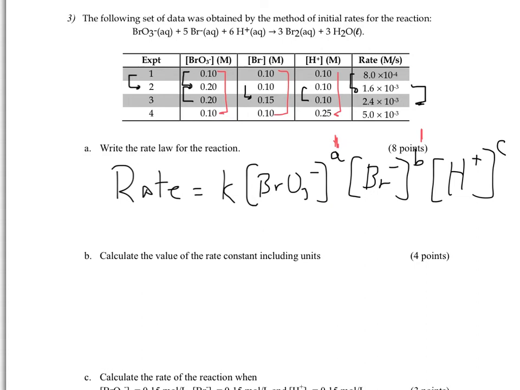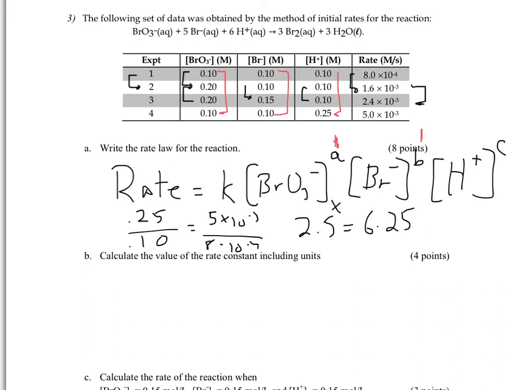And so we can get an equation where 0.25 over 0.1 is equal to 5 times 10 to the minus 3 over 8 times 10 to the minus 4. And we get 2.5 to the x is equal to 6.25.